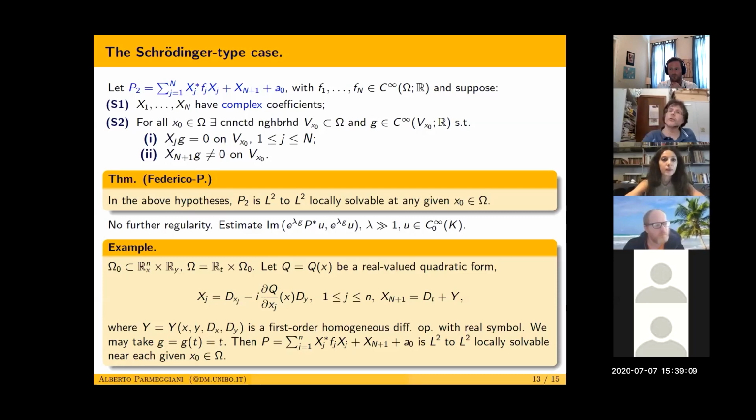Yeah, I think so, but it depends on the geometry. If you want to consider some functions fj and so on, it should depend on the positions of the fj, in a sense. The concern would be that the function g, which is here supposed to exist, does not have any interaction with the functions fj.